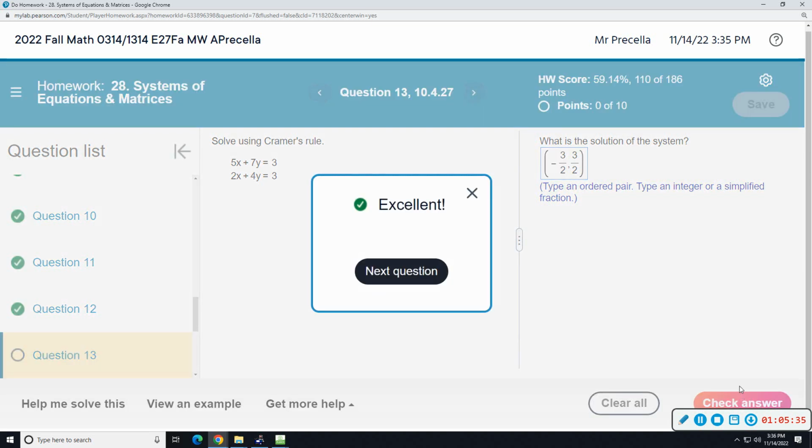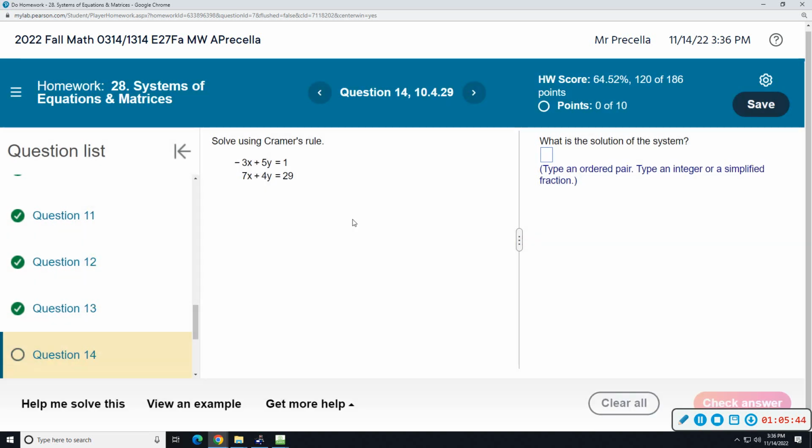Let's do one more of these Cramer's rule problems and then call it quits for the day. We'll finish it up on Wednesday. This is a much better example because none of the numbers are repeated.